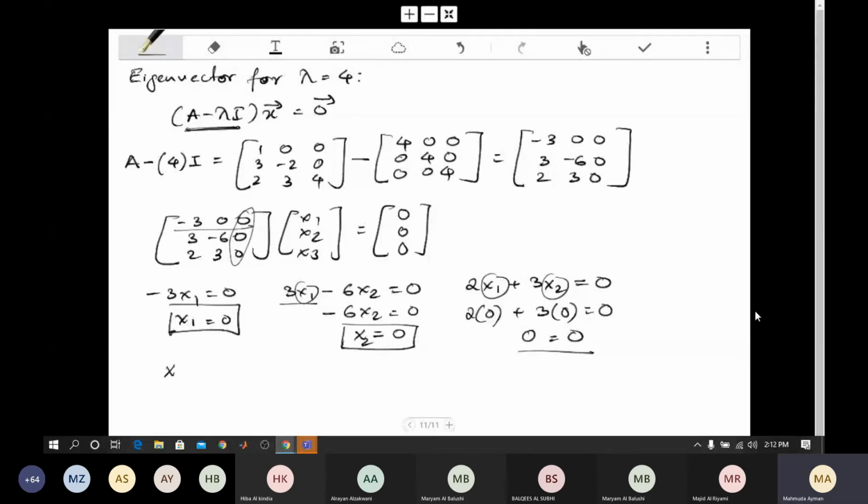Let's choose x3 to be equal to 1. In that case, the eigenvector here will be x1 is equal to 0, x2 is equal to 0, and x3 is equal to 1. I hope until now everything is clear for everyone.